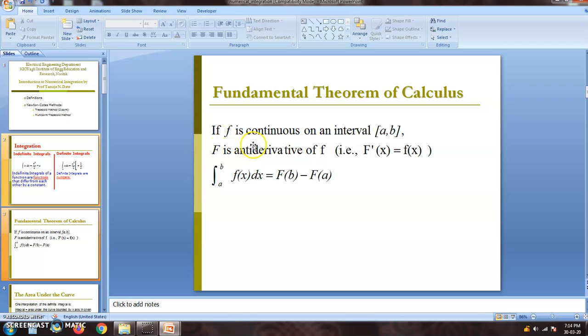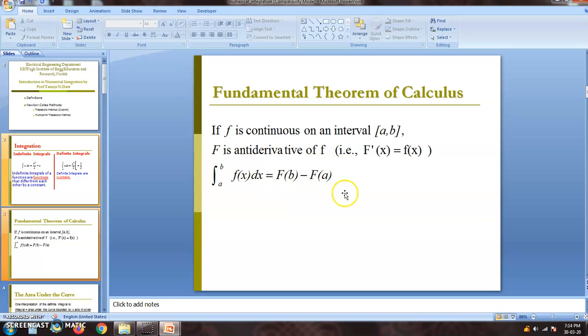If f is a continuous function in the interval a to b, and capital F is the antiderivative of f, that is, F dash of x is equal to f of x, then integration from a to b of f of x dx can be written, in terms of the initial conditions put in the integral, as capital F of b minus capital F of a.